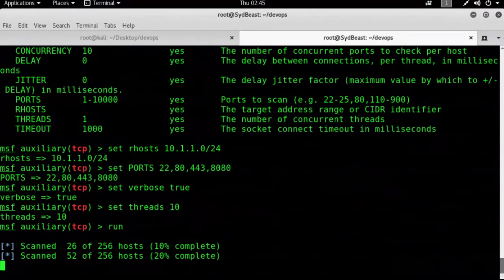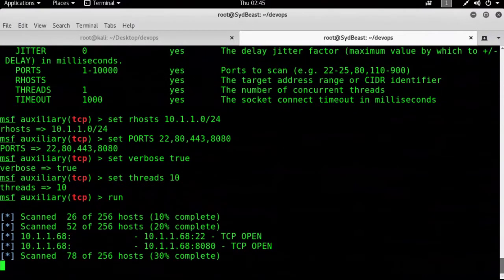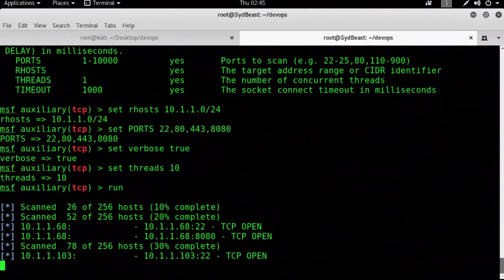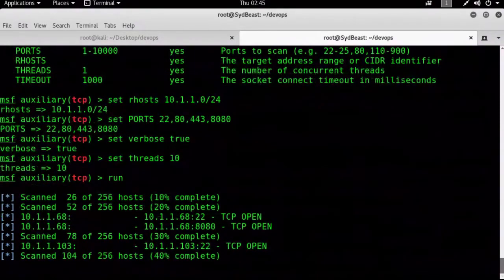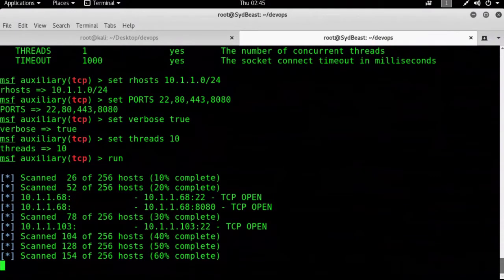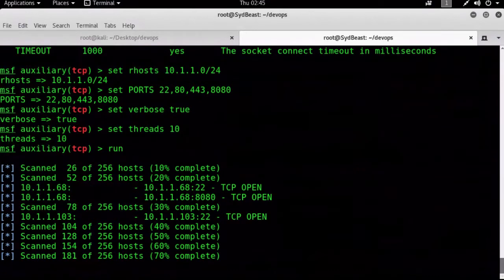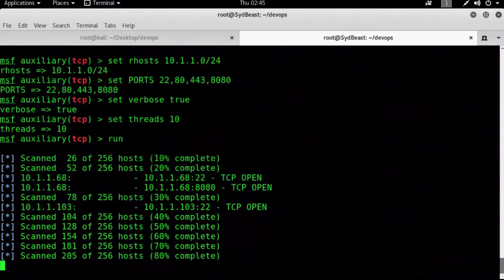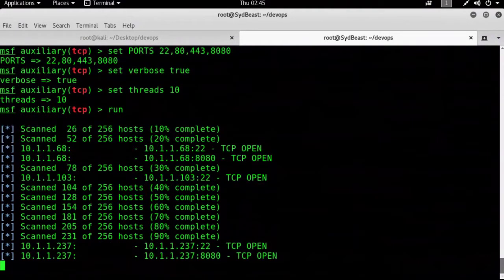We're doing a scan now of all 256 hosts, and we're already getting some results come back. We can see there's a 10.1.1.68 which is responding on port 22 and also on port 8080, as well as a .103, and we wait for the scan to complete.